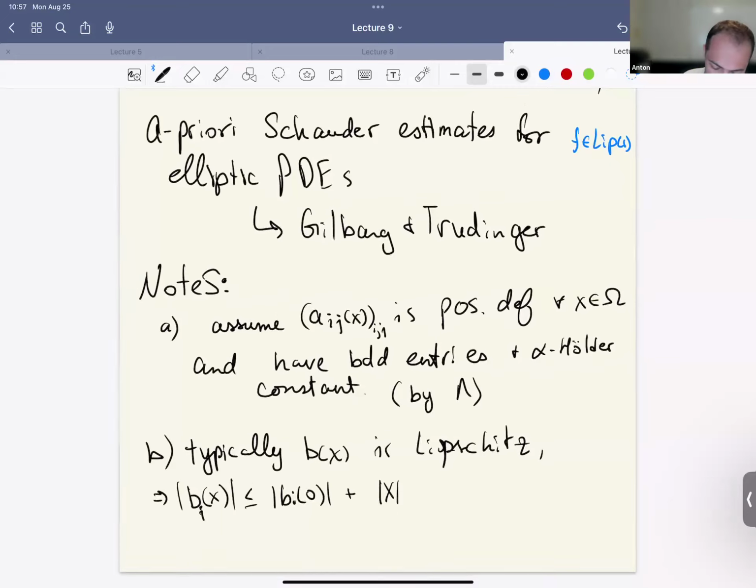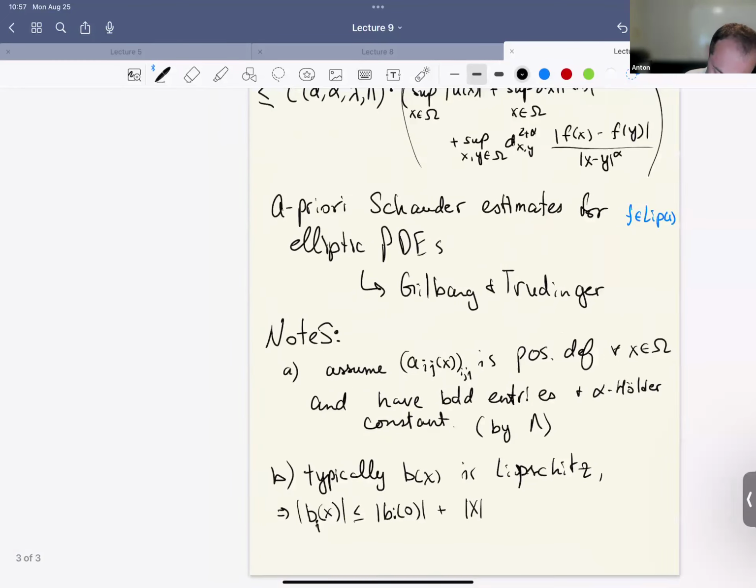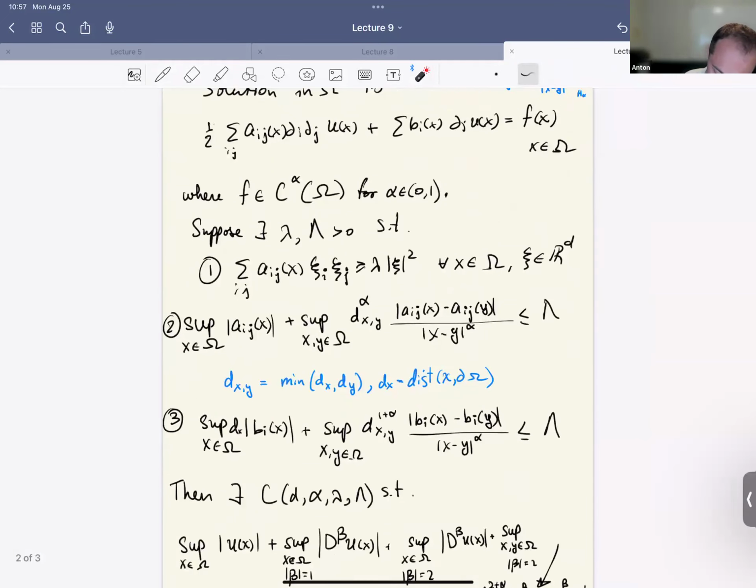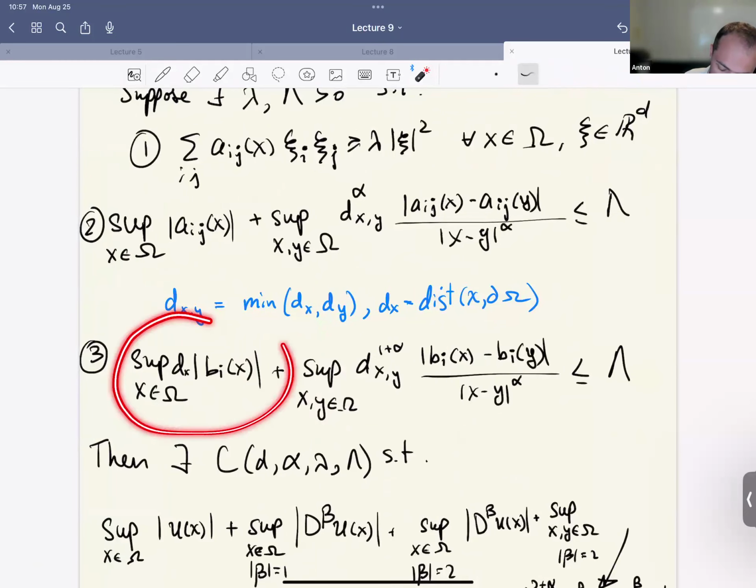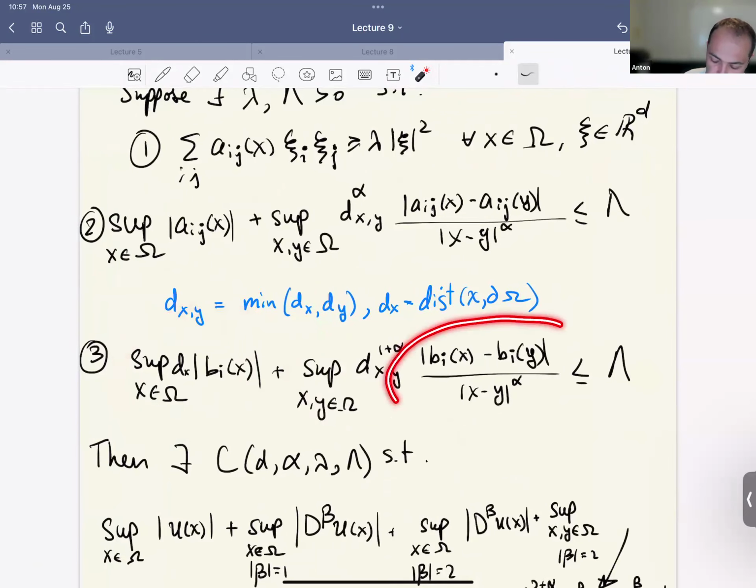Okay, so this is a problem. Well, it's not a problem, we just need to be careful. If the drift is Lipschitz, then the alpha-Hölder coefficient is bounded. That's no problem. But the drift itself grows.